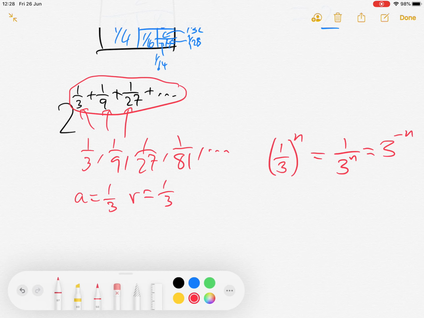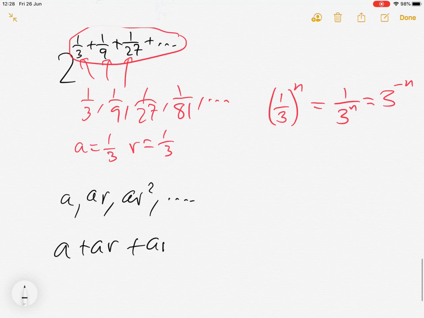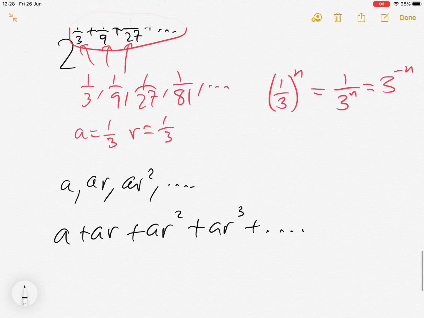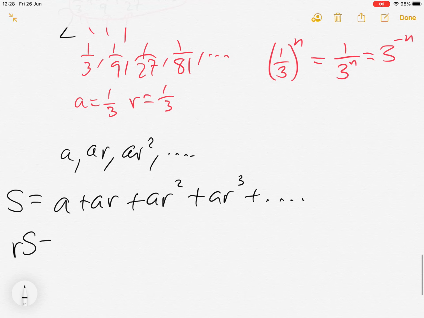And in general, if you have a geometric sequence a, ar, ar squared, and so on, you could ask what happens if you add up all the terms. So we have this infinite sum. Ellipsis means we keep going forever. Let's call it S. And the question is, what is rS? Well, that's ar plus ar squared plus ar cubed plus ar to the 4, and so on.